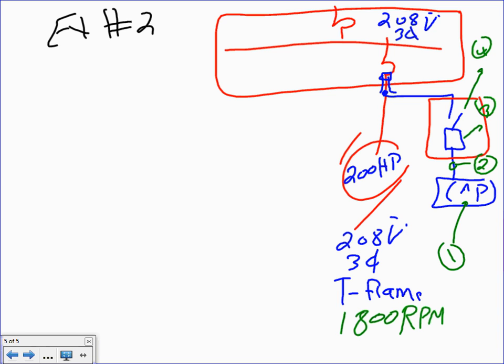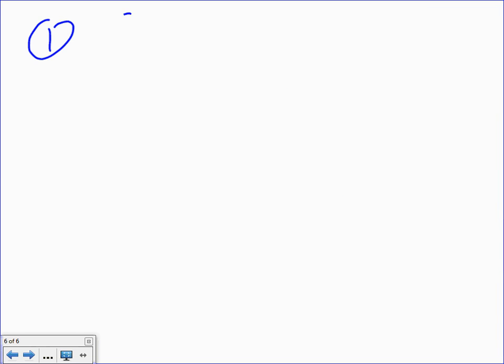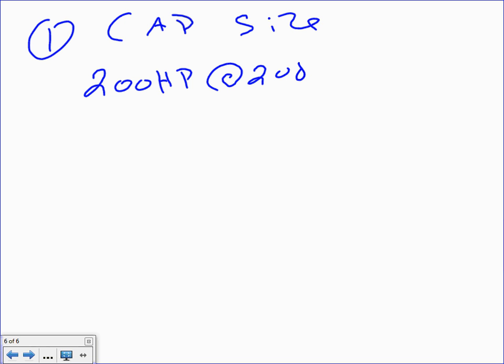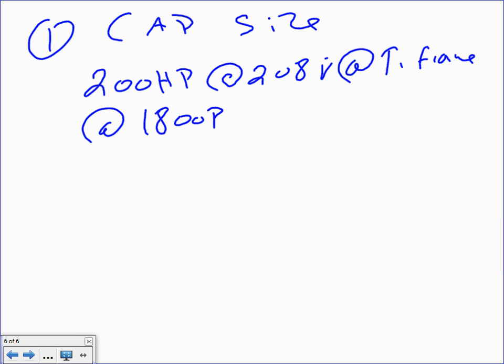All right, let's go size for that baby. Number one is cab size. Taking a 200 horsepower motor at 208 volt, T-frame, at 1800 RPM, if you take this to table 11-2, and remember it's a T-frame, so that will move you down to the bottom one.